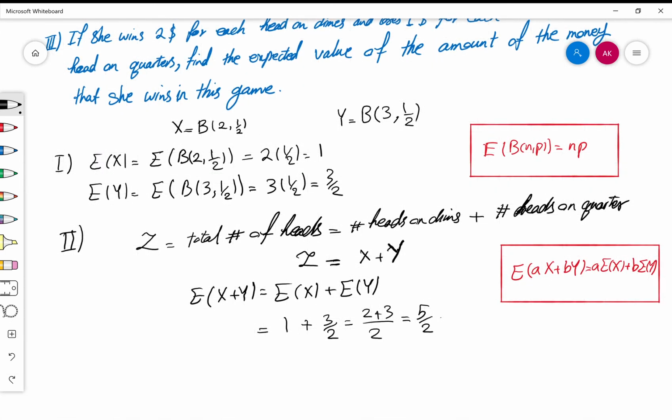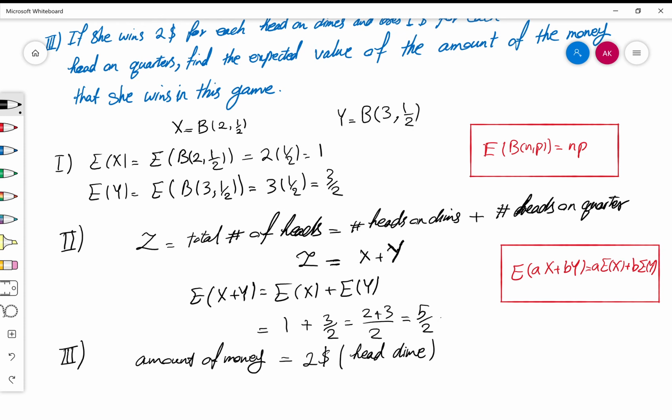How about the third random variable? The third random variable is the amount of money won by Hannah. Here, what we know is that she will get $2 per head on dimes.